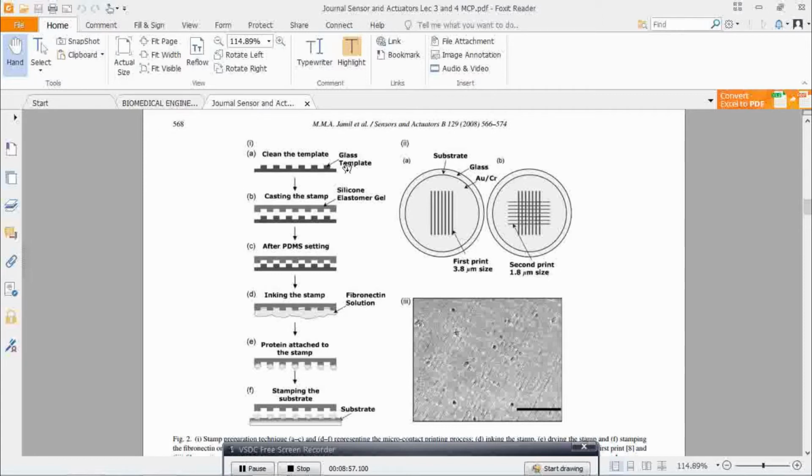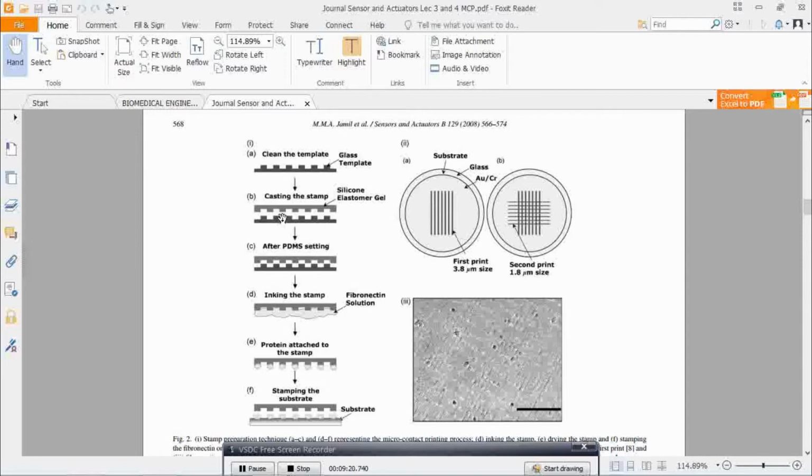In this study particularly, we used 1.8 micrometer size and also 3.8 micrometer size. So two types of PDMS stamp, polydimethylsiloxane stamp. This is the glass template.